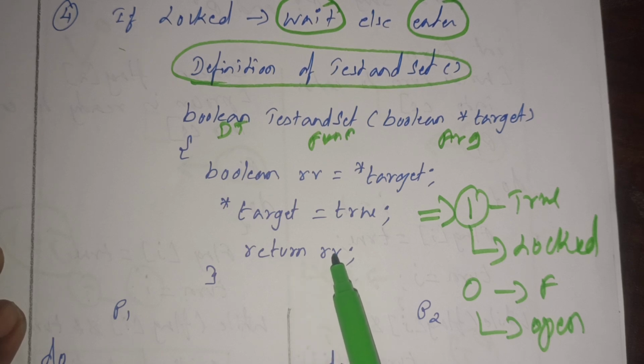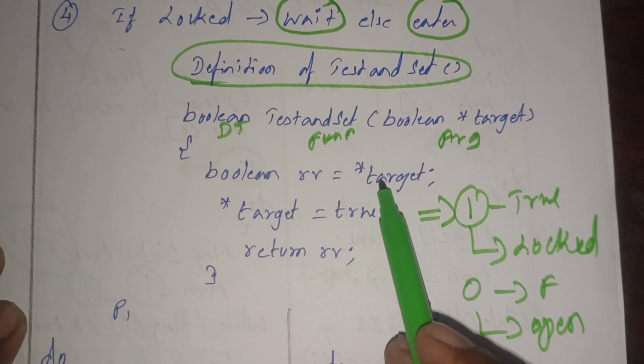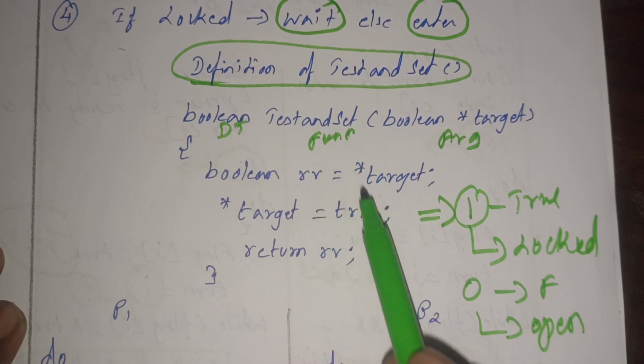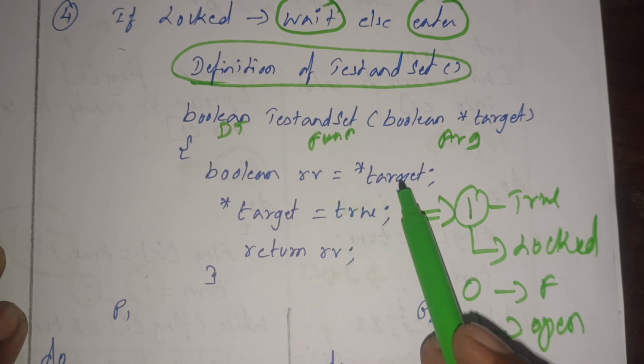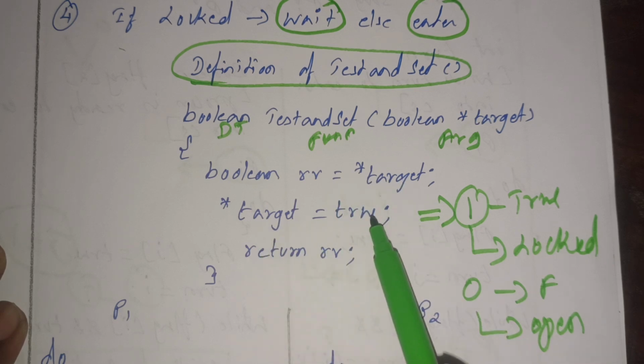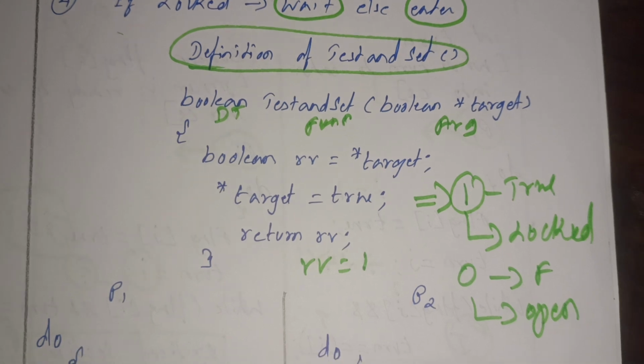Whichever value applies to this Boolean argument will be reflected in RV. RV is initially set to target and the target value is true, so RV will be 1. This is the actual procedure we have.